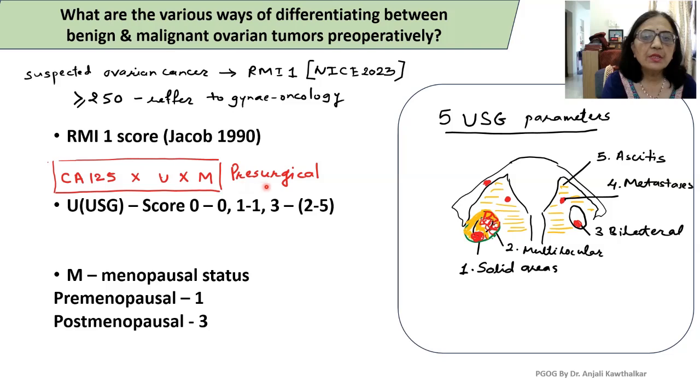It is a pre-surgical tool which helps us to differentiate between benign and malignant. It helps us to do proper counseling of a woman as well as to prepare us mentally and plan the surgery. Whenever we want to plan and discuss the options of surgery, it helps us in a great manner.